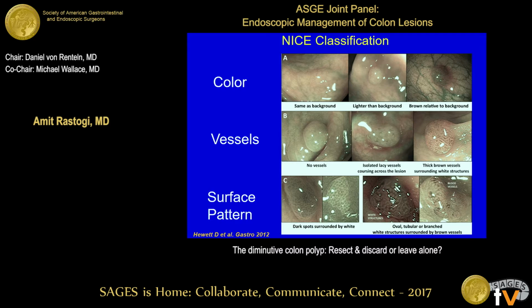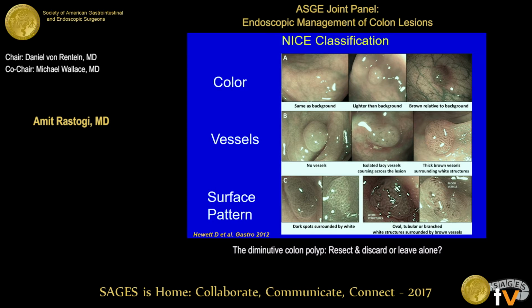So if the color of the polyp is the same as the background mucosa, or lighter than the background mucosa, that is suggestive of a hyperplastic polyp. If it is darker than the surrounding mucosa, then it is suggestive of an adenoma. If you don't see any blood vessels, which are dark brown structures on the surface of the polyp, then that is suggestive of a hyperplastic polyp.